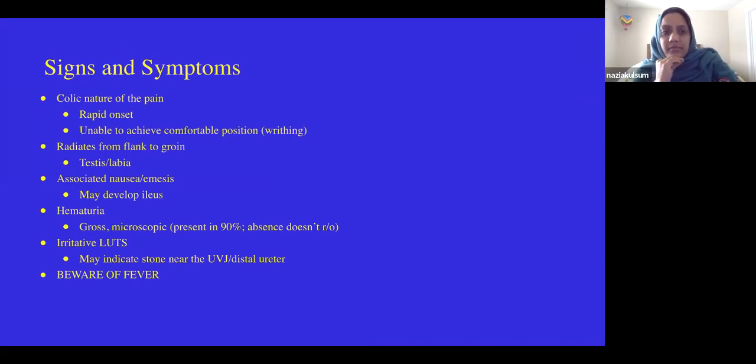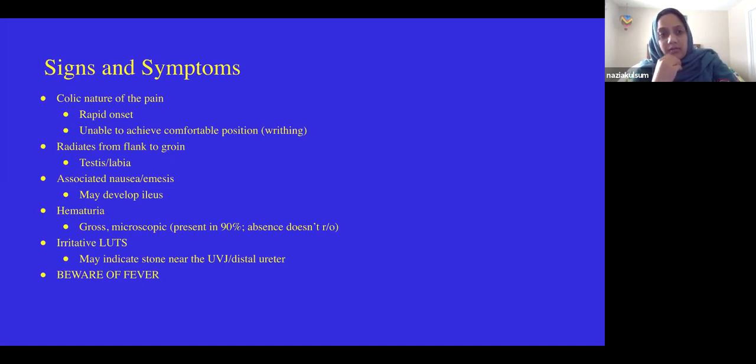So signs and symptoms. The most common presentation of a kidney stone would be colicky pain, so a sudden onset of one-sided flank or back pain. Most of the time, this pain is very severe and intense. If the stone is migrating, the pain can radiate from the flank to the groin.